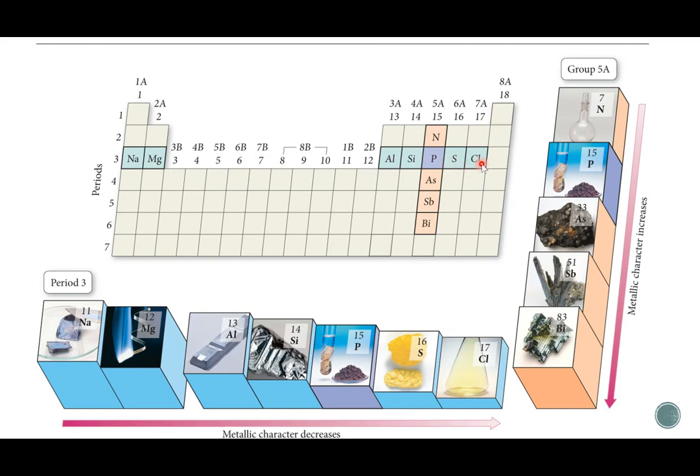Which one's going to have the more metallic characteristic, aluminum or chlorine? Yeah, aluminum foil, right? Aluminum's a metal. So things on the left-hand side are more metallic. Things on the right-hand side are less metallic.